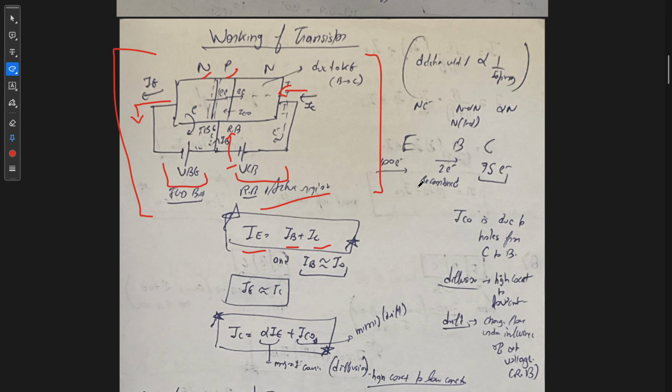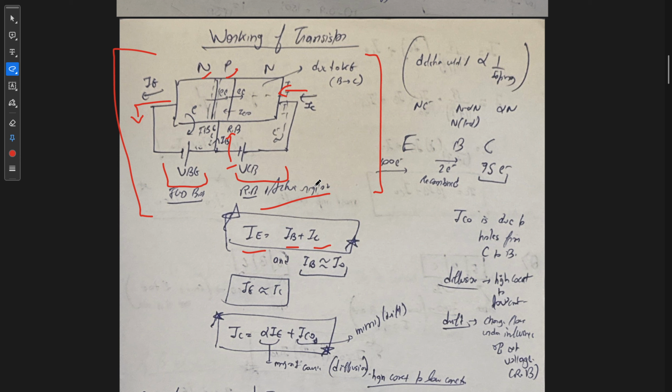So the electrons move from the emitter region to the base region, then to the collector region. On moving from the emitter region to the collector region, some electrons recombine in the base region.